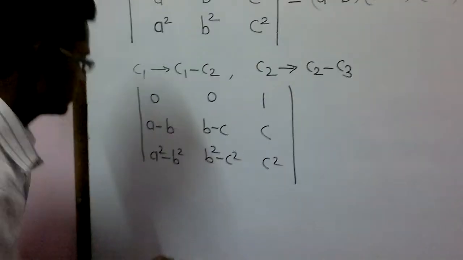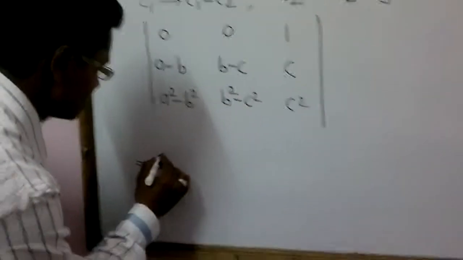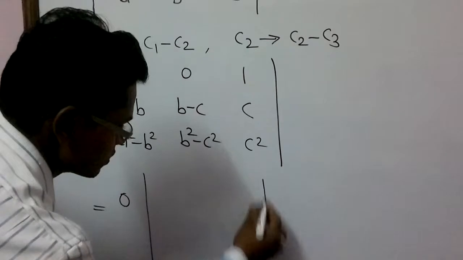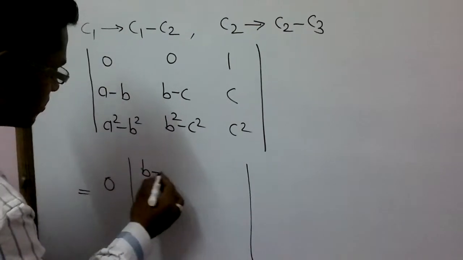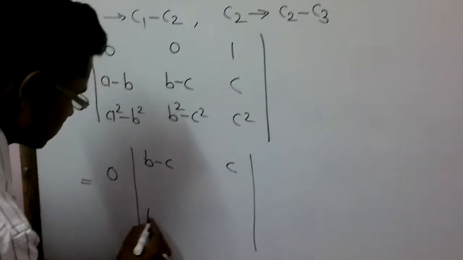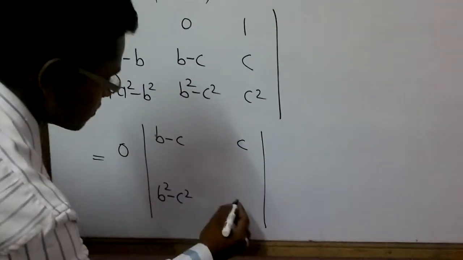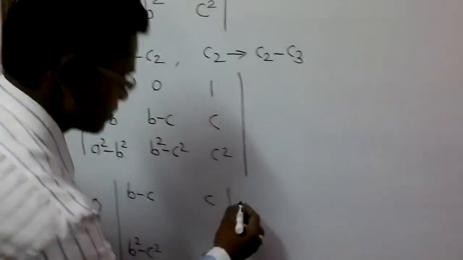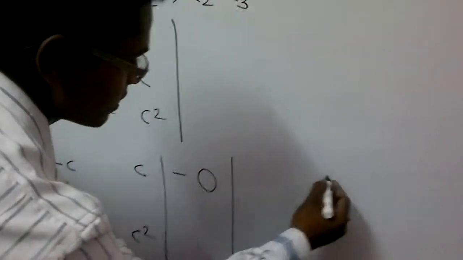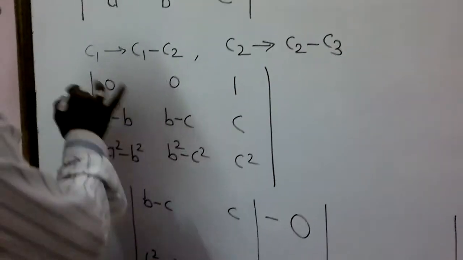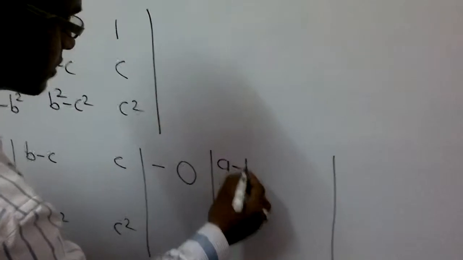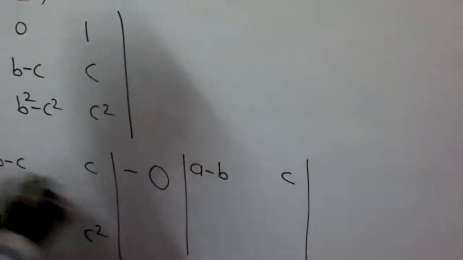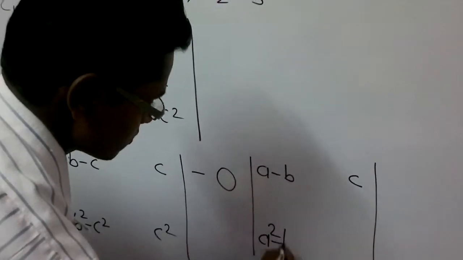Now solve this determinant. 0 into the first determinant, eliminating the first column and first row: b minus c, c, b square minus c square, c square. Minus 0 into the second determinant, eliminating the second column and first row: a minus b, c, a square minus b square, c square.